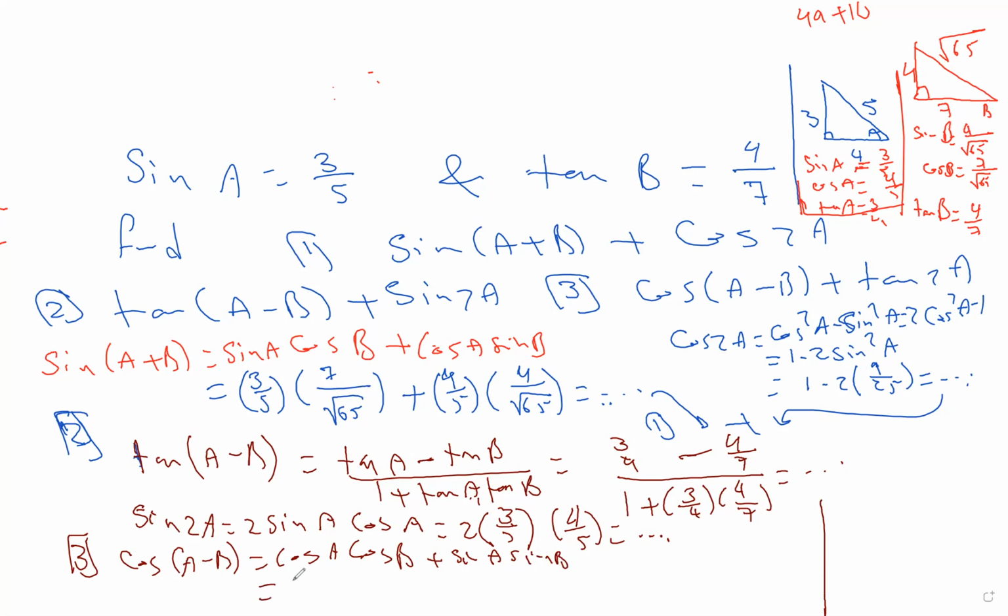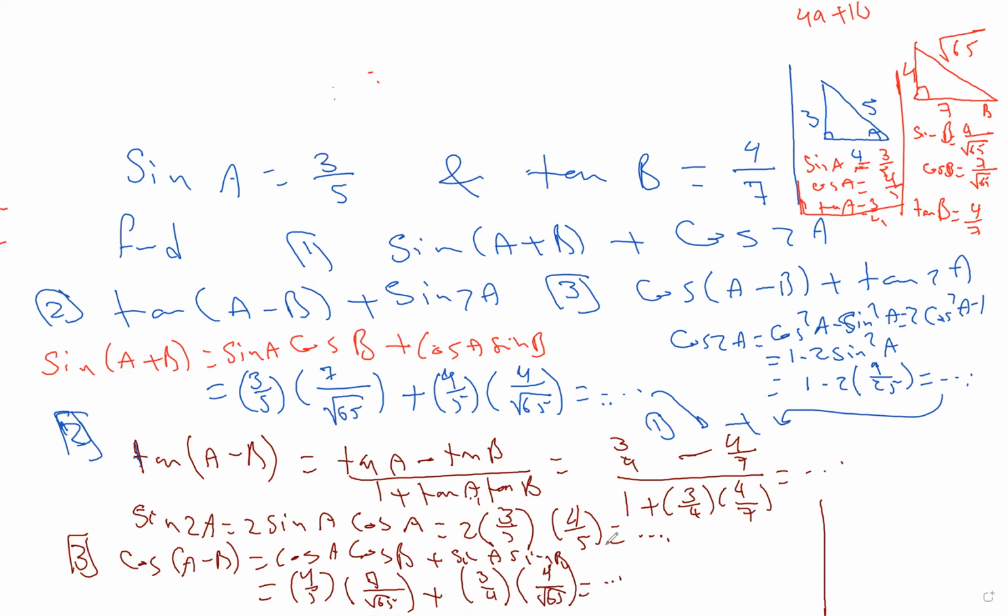Substitute cosine A is 4 over 5, cosine B is 7 over root 65, plus sine A, which is 3 over 5, times sine B, which is 4 over root 65, and find it.